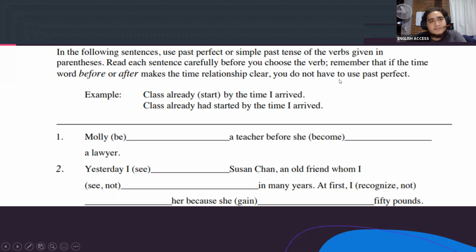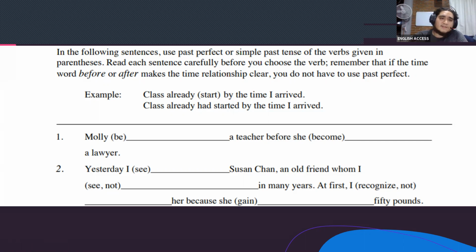In the future perfect, we use it to give the idea that something will happen or will be done before another action, but in the future. For example, by the time I arrive, not arrived, I will have done my homework. That's the future perfect. Future perfect is often used for plans or for hypothetical situations.